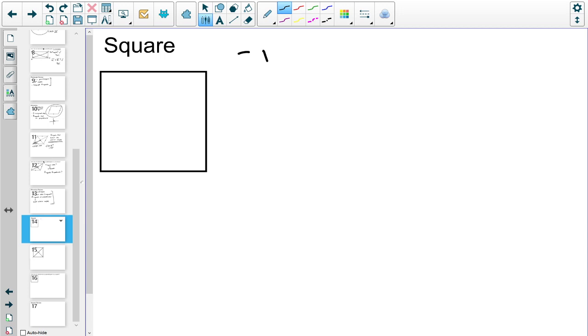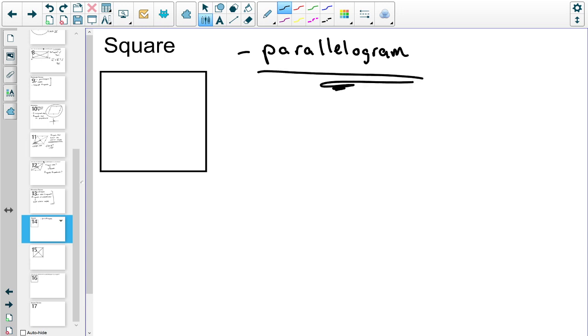Well, believe it or not, a square is, you guessed it, a parallelogram. We've said that word 1,000 times. But a square, just like a rhombus and just like a rectangle, is a parallelogram. Here's another fun fact about a square. A square is not only a parallelogram, a square is also a rectangle. Now things are just getting weird, but guess what? They get weirder.